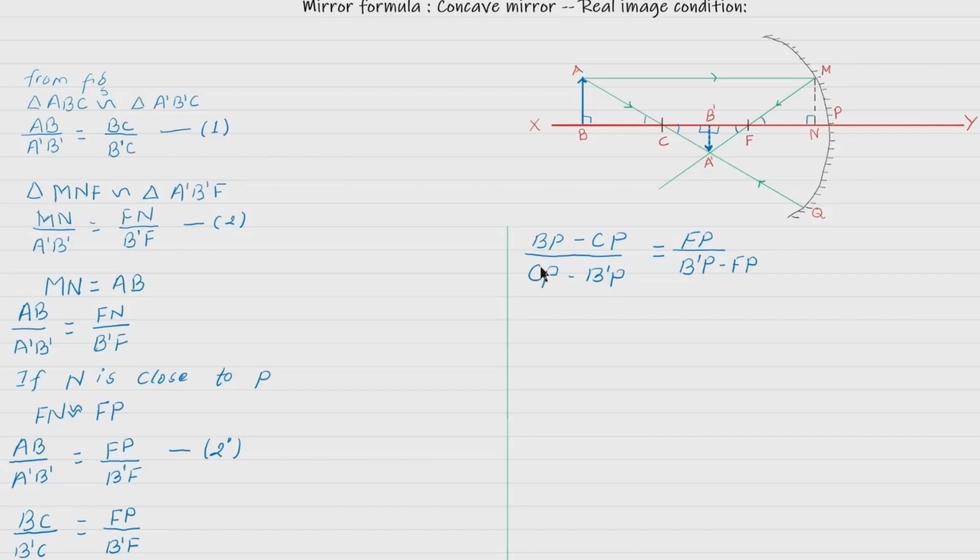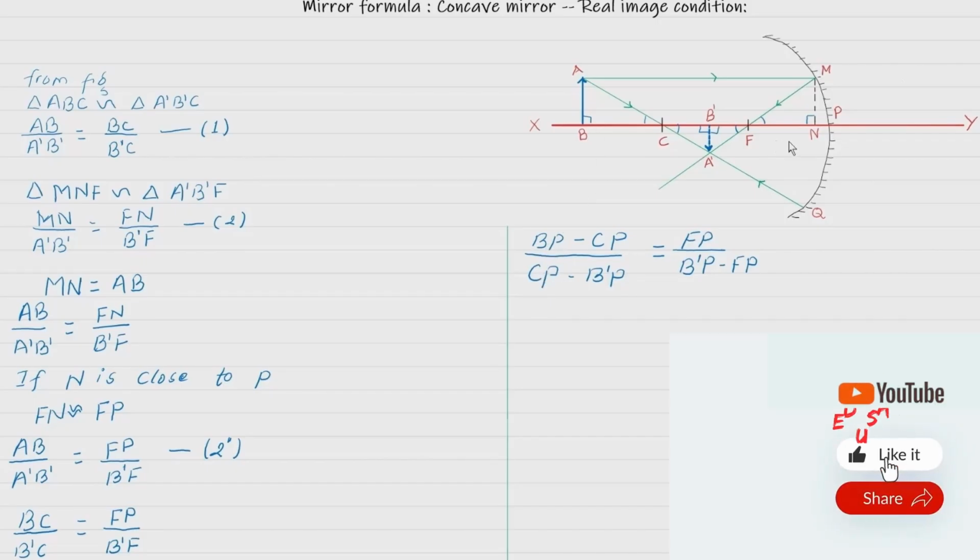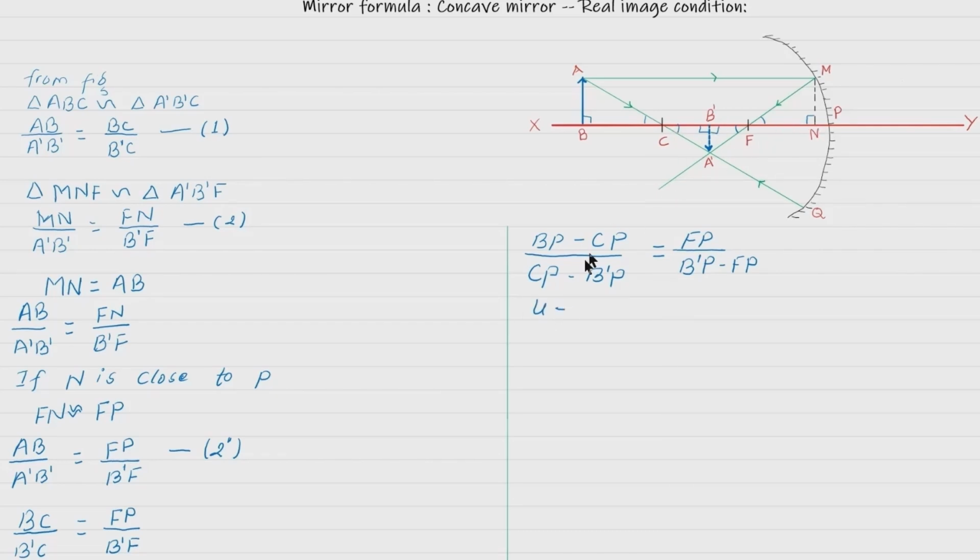Now using the real-is-positive sign convention, we can write BP as the object distance, that is u, minus CP, which is twice the focal length, so 2f, by CP, which is also 2f, minus B dash P, which is the image distance, so we can write v, is equal to FP, which is our focal length, so we simply write f, by B dash P, which is our image distance v, minus FP, which is f.